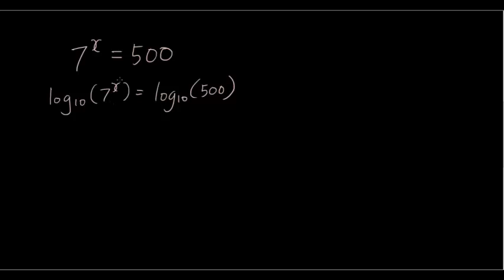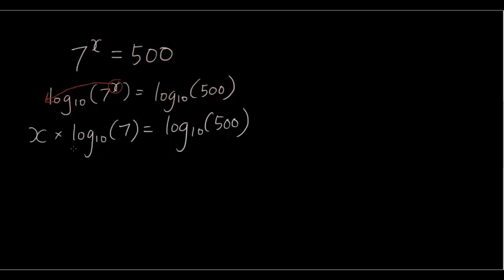Okay, now we're going to move x to the front. So we're moving x to the front, and then this becomes x times log base 10 of 7 equals log base 10 of 500.